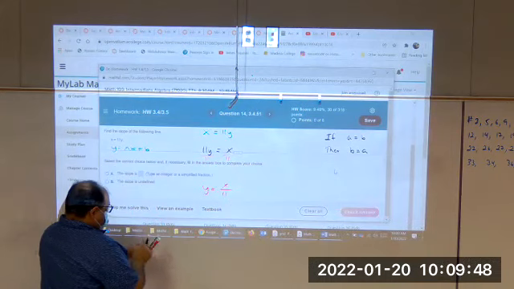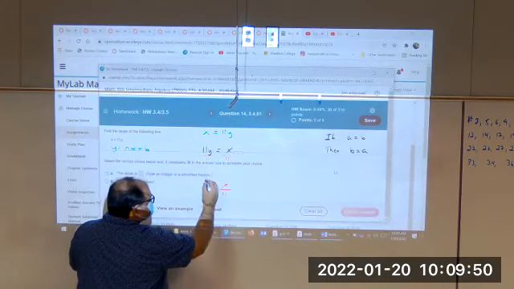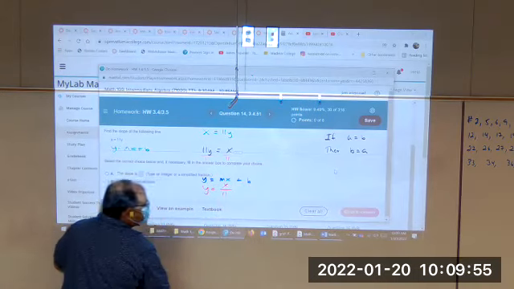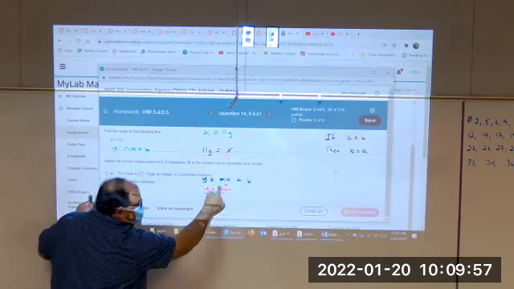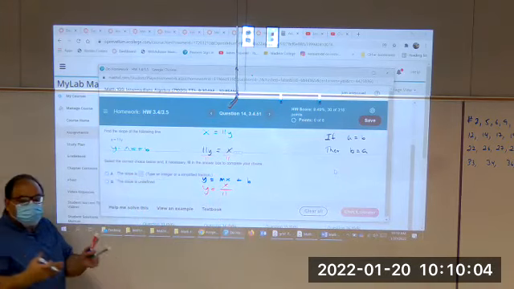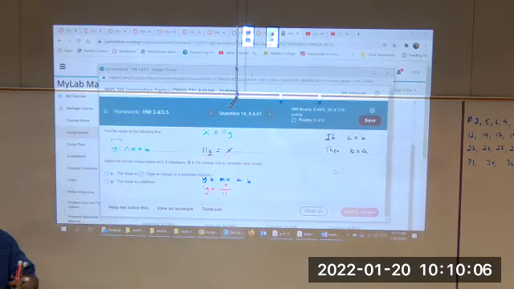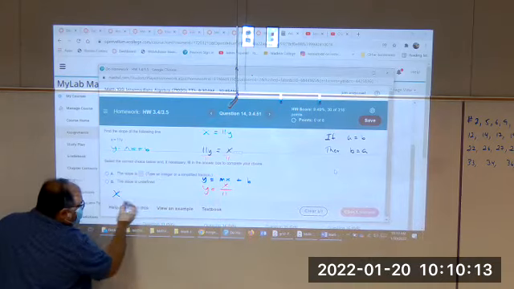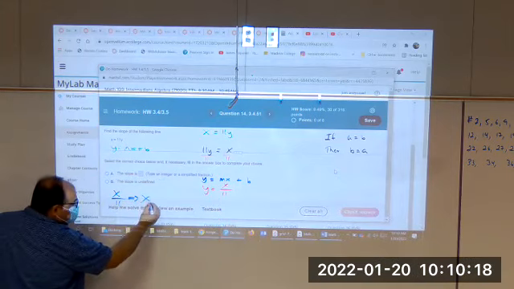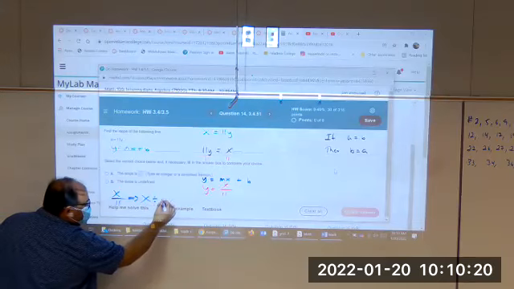We want mx plus b. This is x over 11. When you divide, you're multiplying by the reciprocal. I talked about this last week. So when you see x over 11, that means x divided by 11.